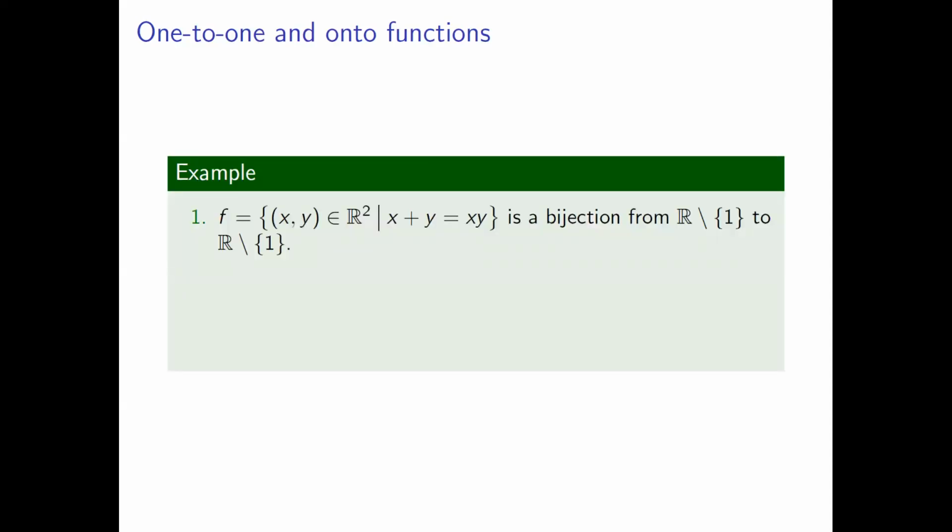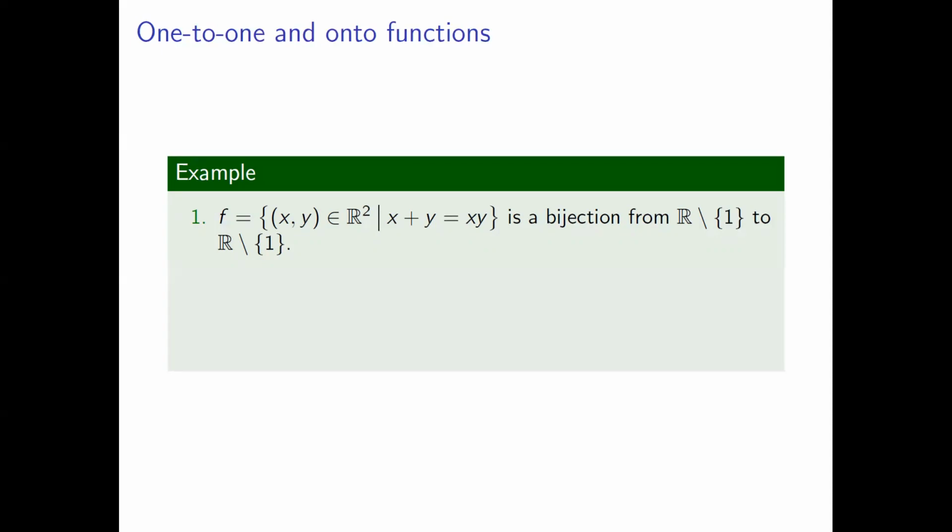Consider the function f consisting of all ordered pairs (x, y) of real numbers satisfying the equation x plus y equals x times y. Then f is a bijection from the set of real numbers not equal to 1 to the set of real numbers not equal to 1.